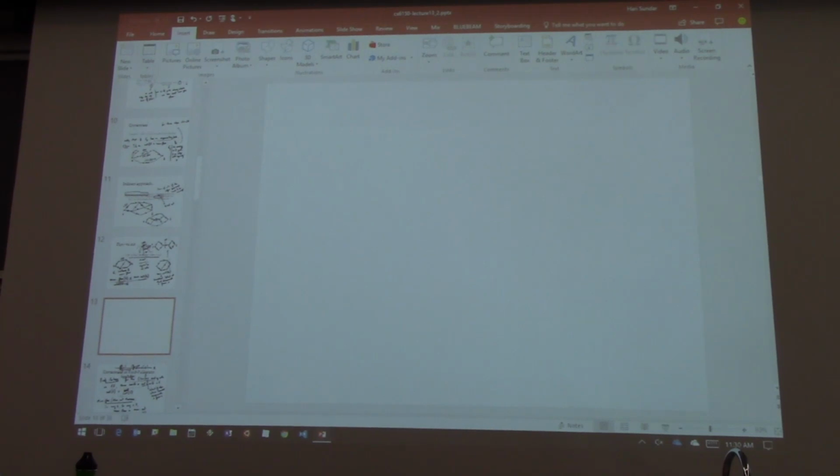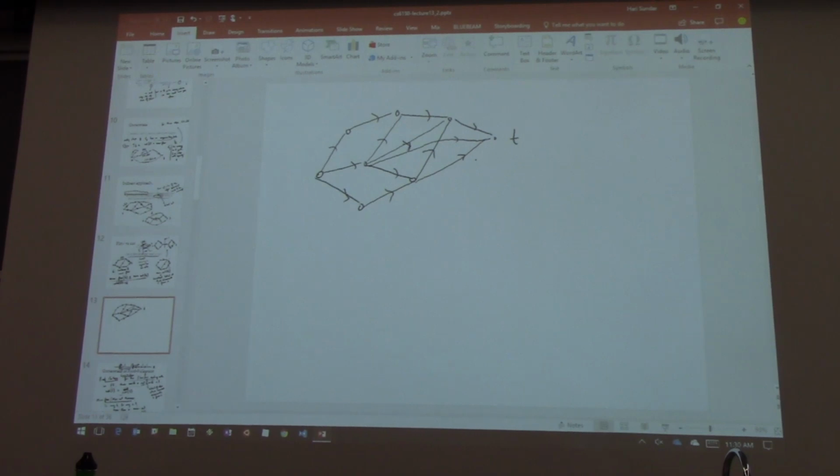Okay, so let's take an example where you've got to cut multiple edges. Here there's no single bottleneck edge, right?